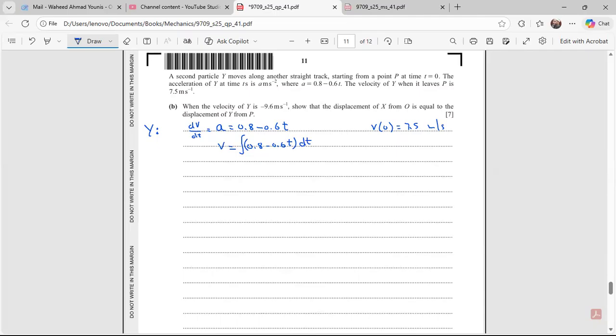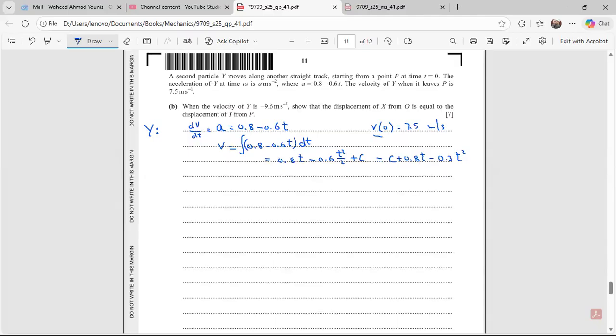This integral gives me 0.8t minus 0.6 t squared by 2 plus a constant of integration. So it is c plus 0.8t minus 0.3 t squared.